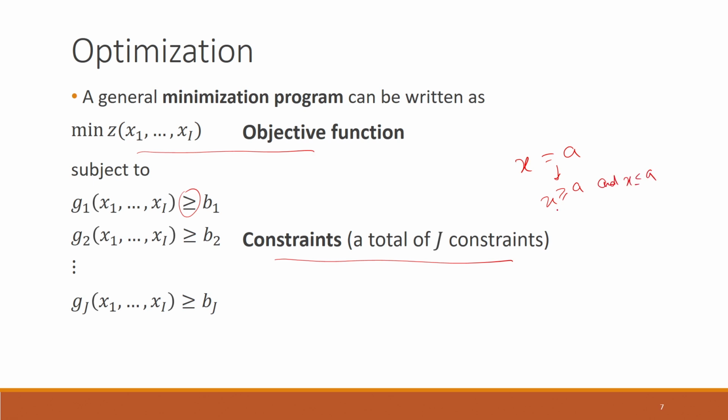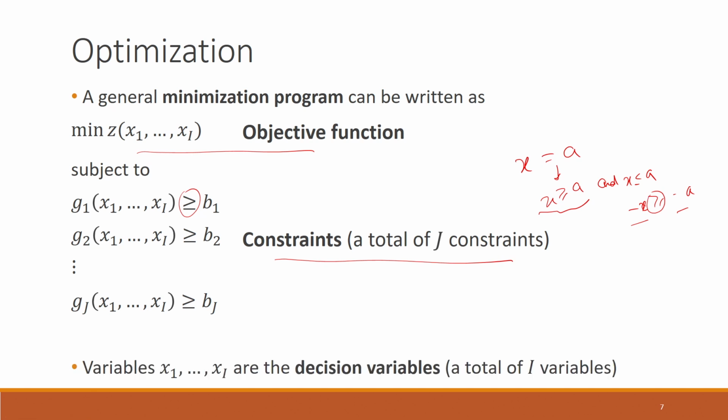Okay, now this constraint is already in the form that we want, but in order to convert the other constraint, we will multiply by minus 1 on both sides, and now this one is also in the form where we have this greater than or equal to. Okay, so these variables x1 till x capital I are the decision variables here. So we have a total of capital I variables.